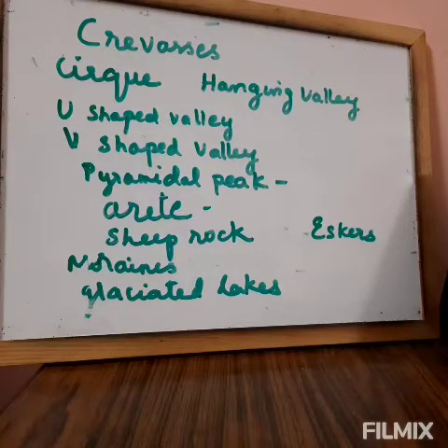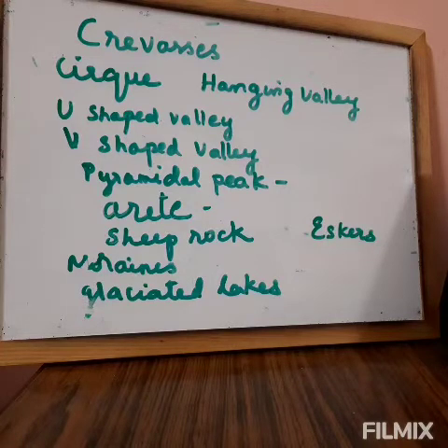Then you find cirques. Cirques are depressions formed by glacier. As they flow, they erode the rocky materials and make a pit. A depression is formed, and in the course of time it is filled with glacier. That glacier flows down, and that becomes a source.